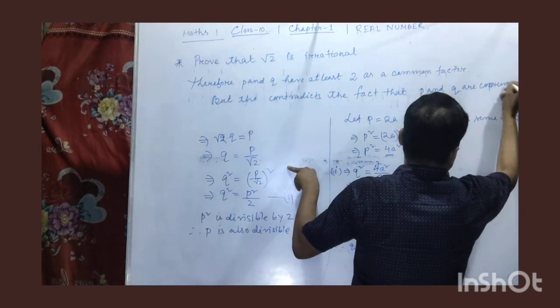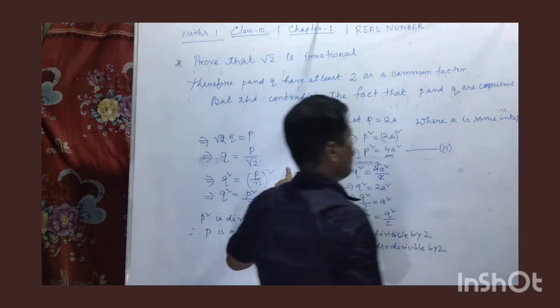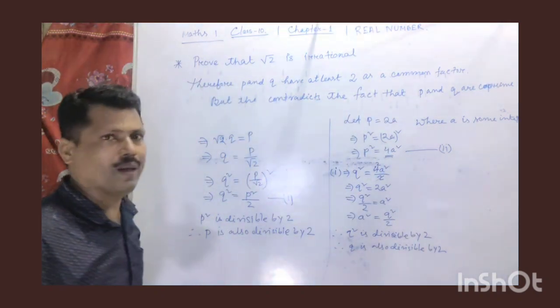That means p and q have only one common factor, that is 1.